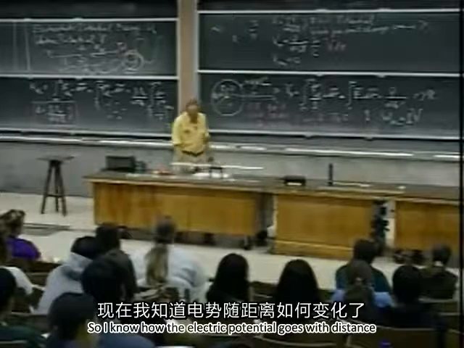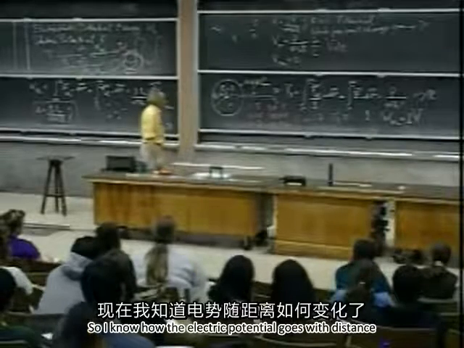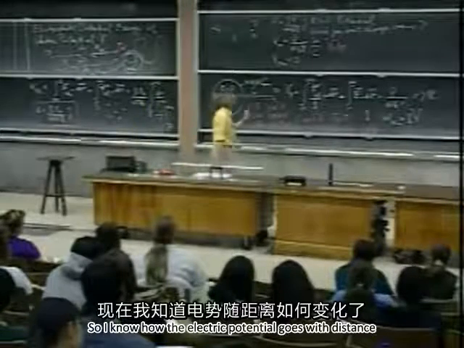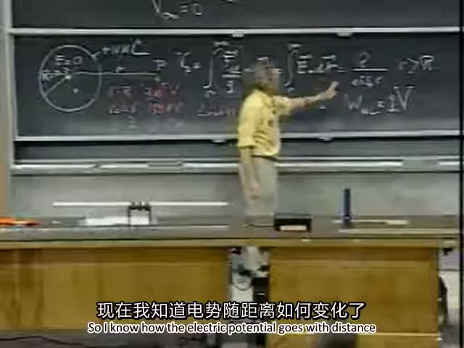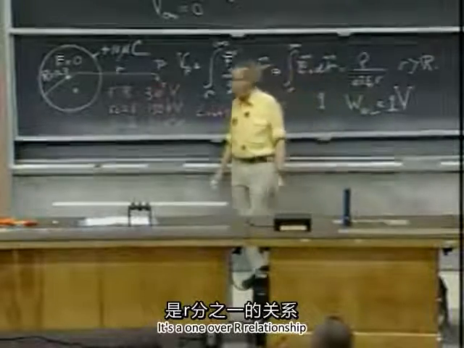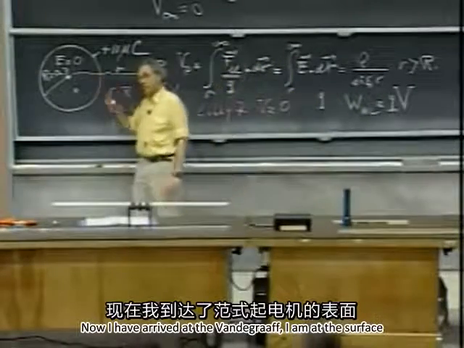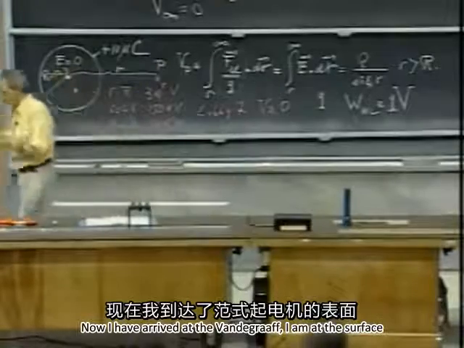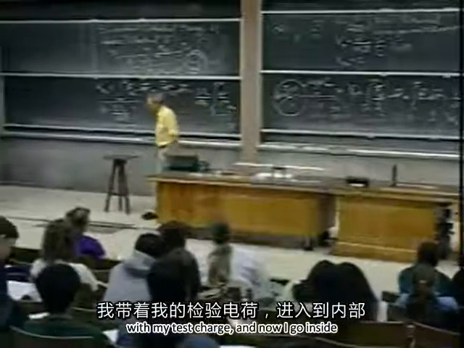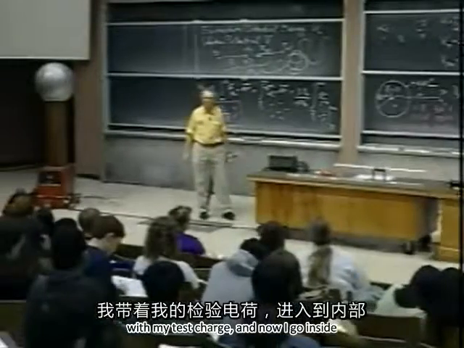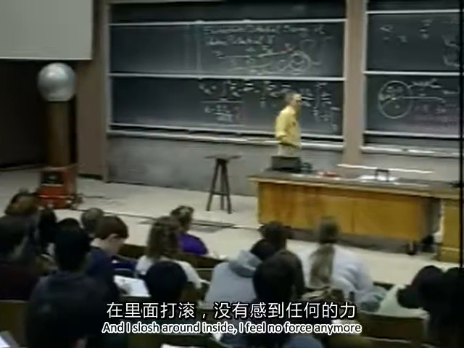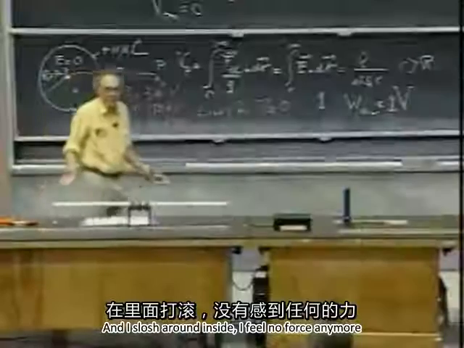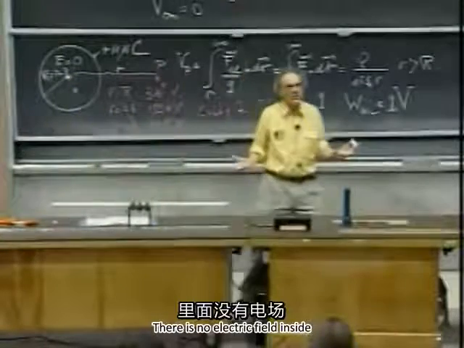So, I know how the electric potential goes with distance. It's a 1/r relationship. Now I have arrived at the Van de Graaff. I am at the surface with my test charge, and now I go inside. And I slosh around inside. I feel no force anymore. There is no electric field inside.